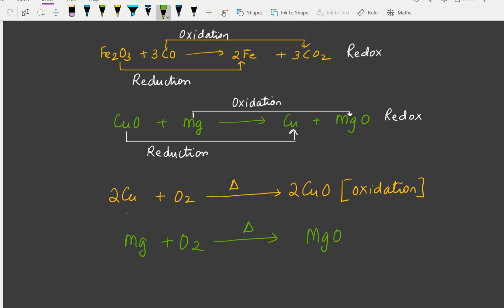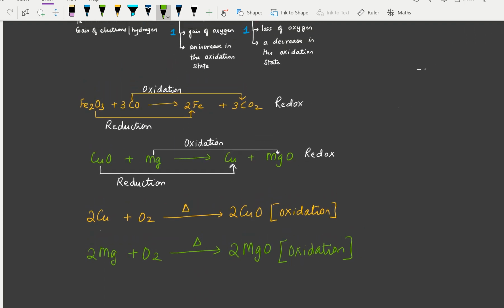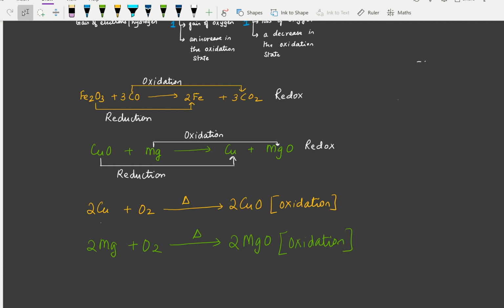Any balancing needed? Yes, this becomes 2, this becomes 2. Now it's balanced. Here again, there is simply addition of oxygen, and therefore we say this is an example of oxidation. Brilliant. So we are done with the examples involving oxygen.